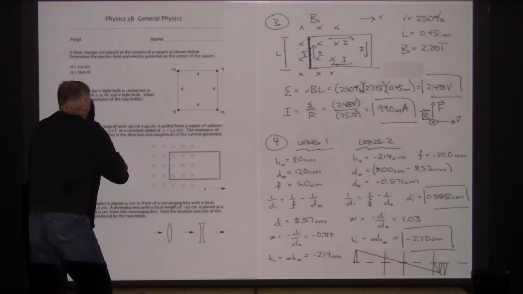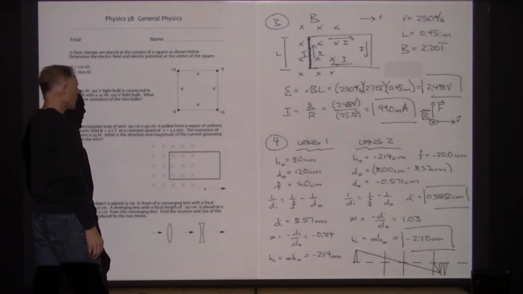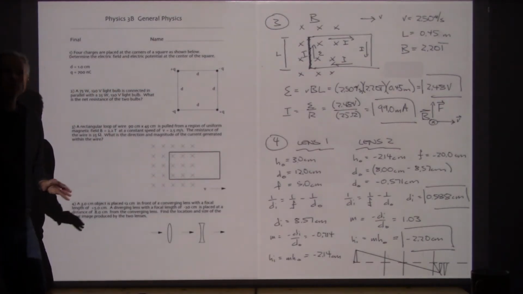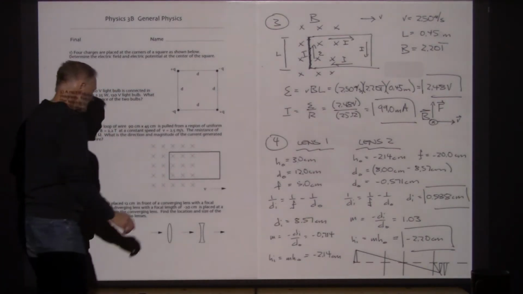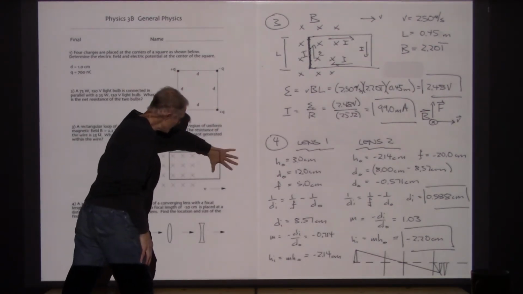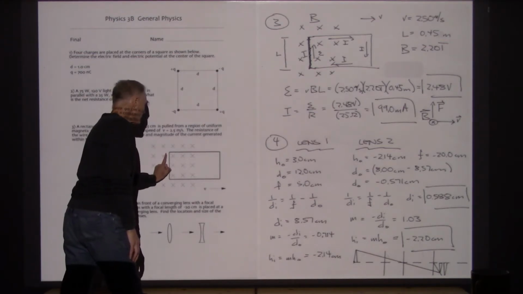Now, what happens when the whole thing is in the magnetic field, if the magnetic field is wide enough, is that we would have opposing EMFs, and the EMFs would cancel each other out, and again the current would drop to zero. And then once this leading edge exits the magnetic field, the EMF on this side is gone, and all we're left with is an EMF on this side.